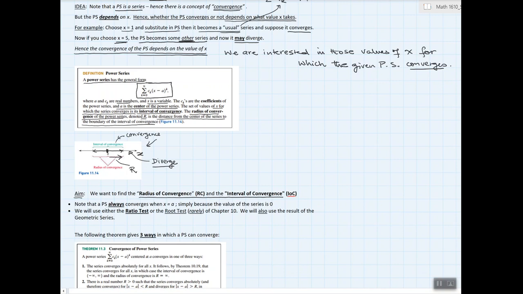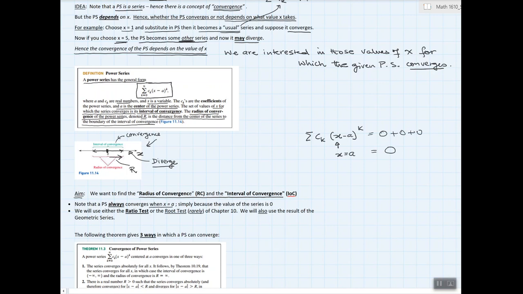First thing to note is that any power series that you have always converges when x is equal to a, because look at a power series, any of them. If you take the value x equals a, then obviously this term is 0, so all that you have is 0 plus 0 plus 0, which adds up to 0, so it converges.